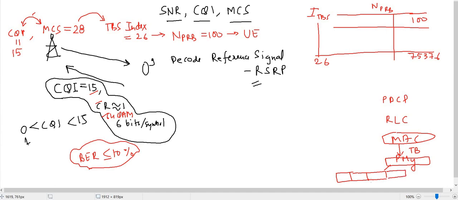And we know subframes are of 1 millisecond. So these are the bits per subframe. Let me write this, bits per subframe. So this amount of bits can be transmitted in one subframe.